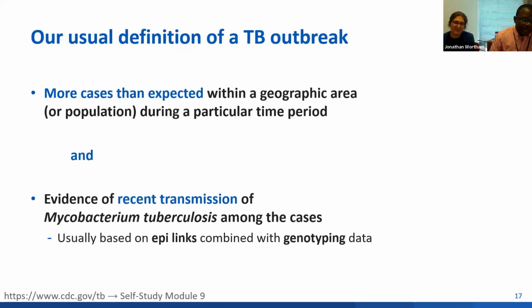Our usual definition of a TB outbreak includes more cases than expected within a geographic area or population during a particular time period, and evidence of recent transmission of Mycobacterium tuberculosis among the cases. That criteria is usually met based on epilinks, identifying patients who are exposed to each other, ideally with infectious periods considered, combined with genotyping data.